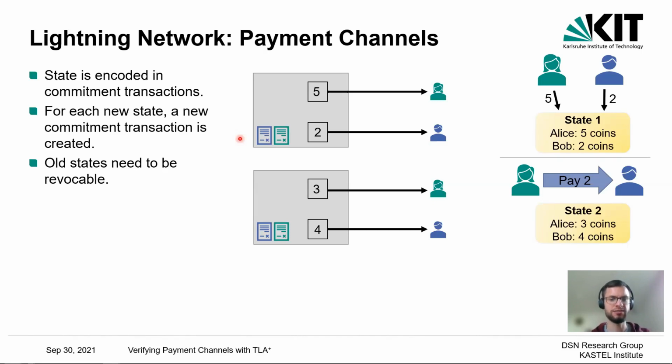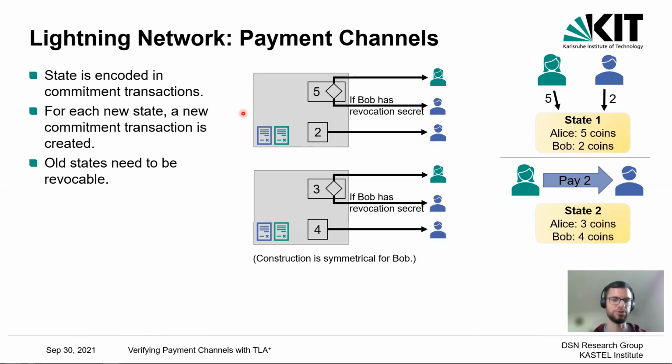So to prevent one of the parties from publishing this first commitment state, the construction in the Lightning Network looks a bit different than what you see here. The output for one party, in this example we look at Alice.